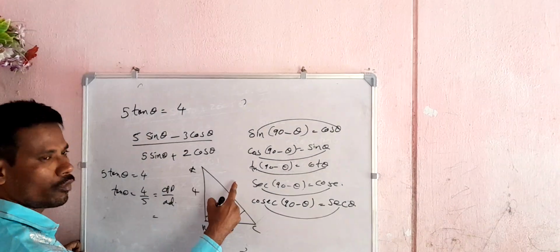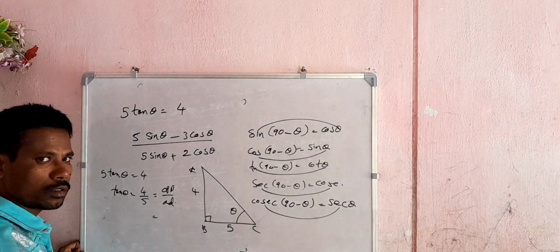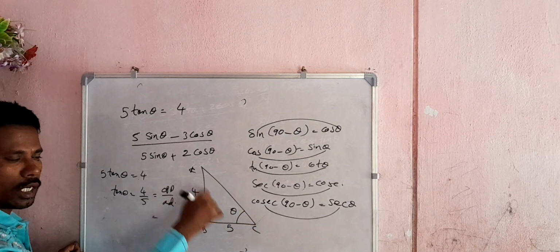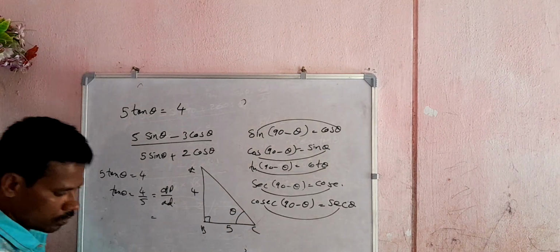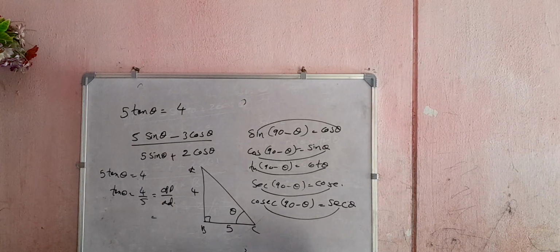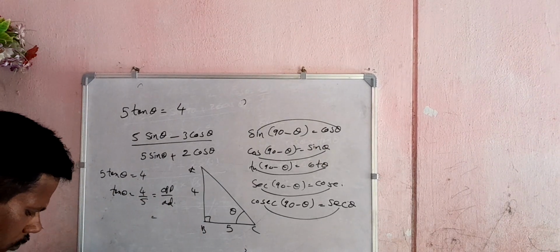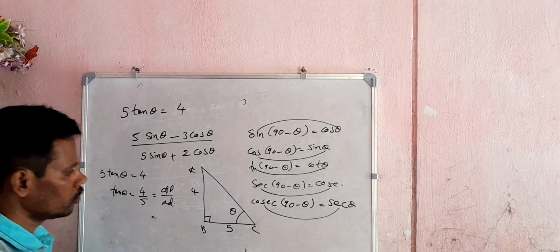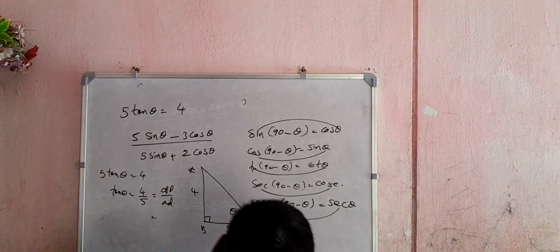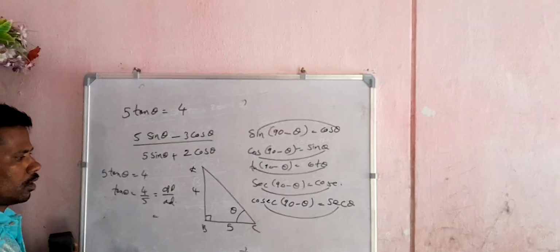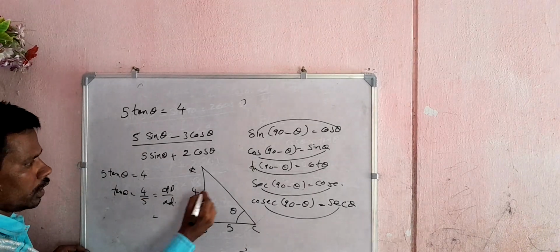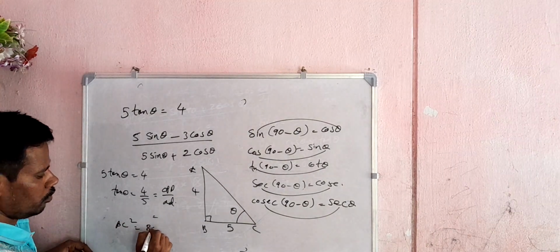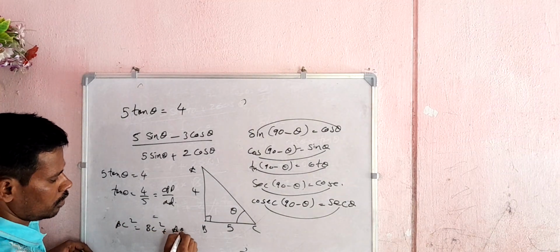Next, find out this one. How will you do this one? Square on the hypotenuse is equal to the sum of the squares on the other two sides. So here, AC square is equal to BC square plus AB square.